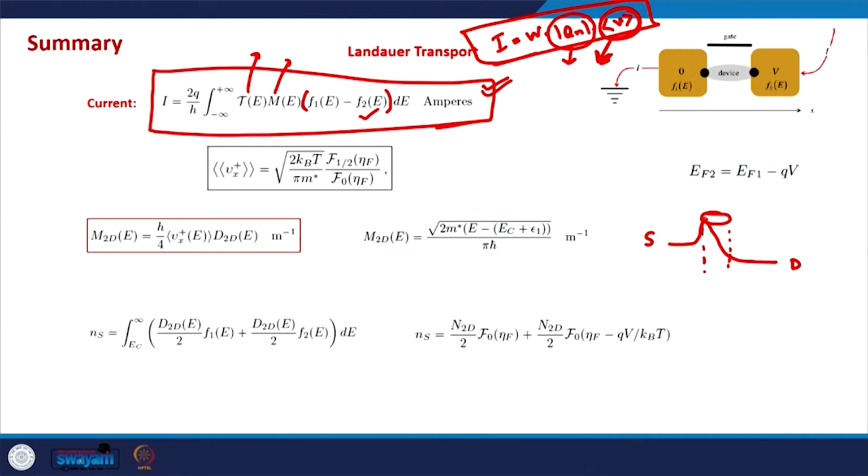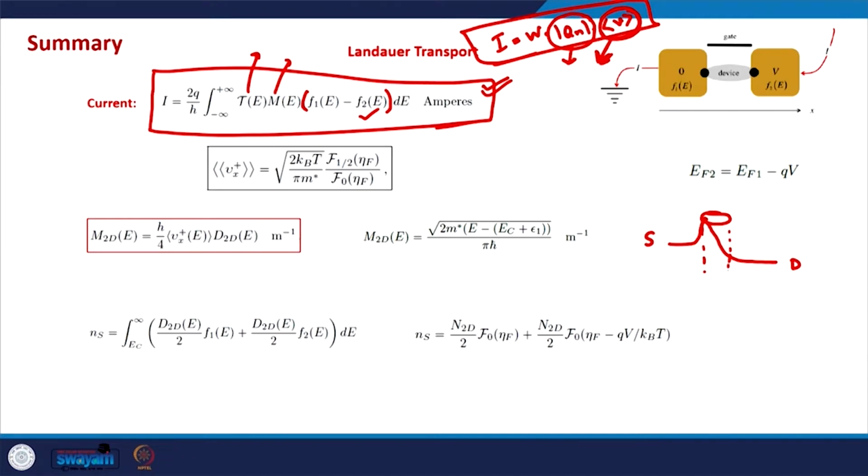At the top of the barrier, the electric field is minimum, almost 0, and as we go towards the drain side, the electric field becomes larger. So the velocity may also not be the same everywhere in a MOSFET.